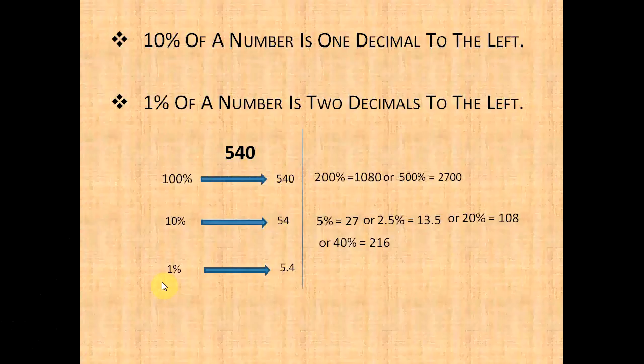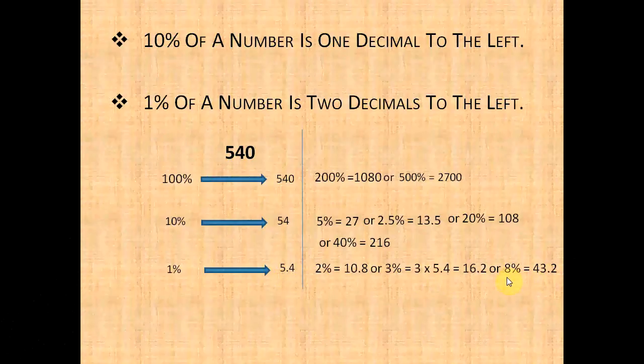Similarly, if I move on to 1%, 1% is 5.4. Using this 1%, I can move on to 2%, which is 10.8, or 3%, which is 3 into 5.4, which will come out to be 16.2 with some easy multiplication over here, or 8%, which is 8 times 5.4, which is 43.2.